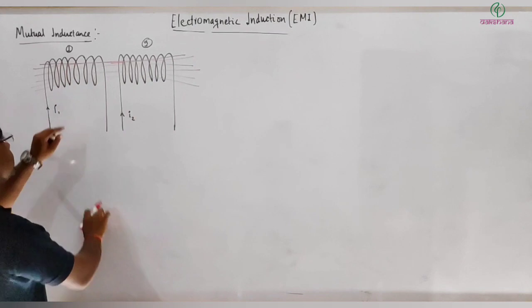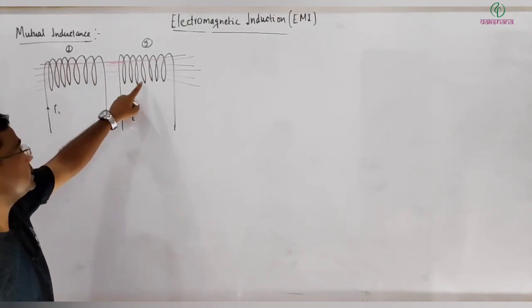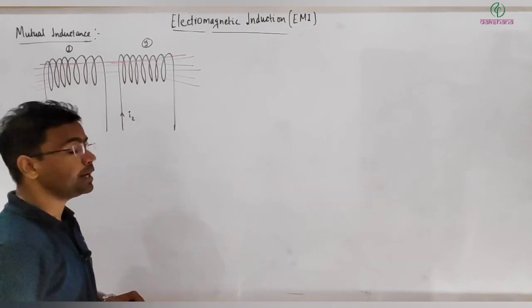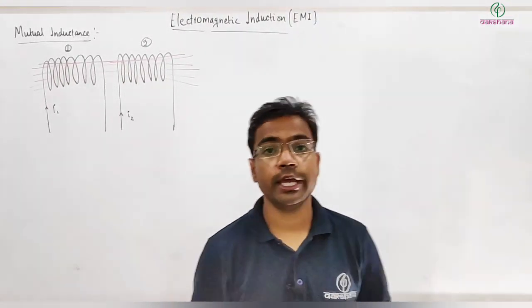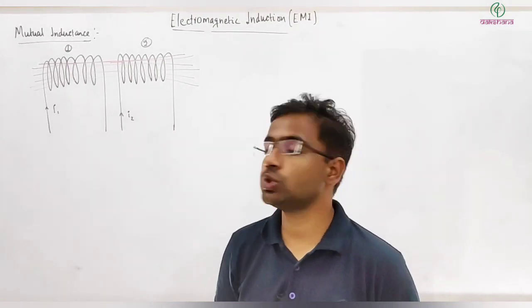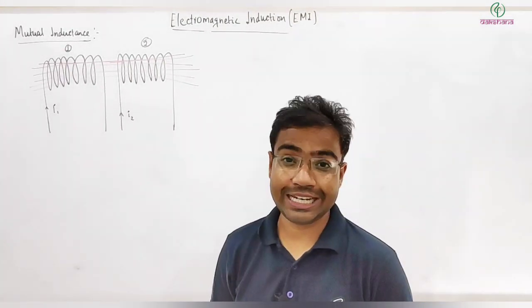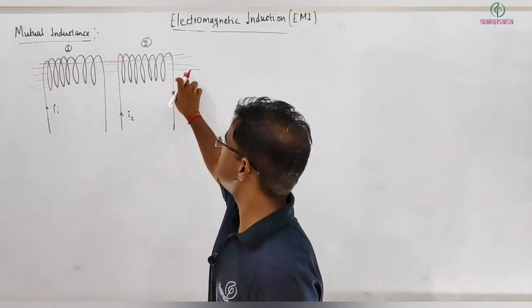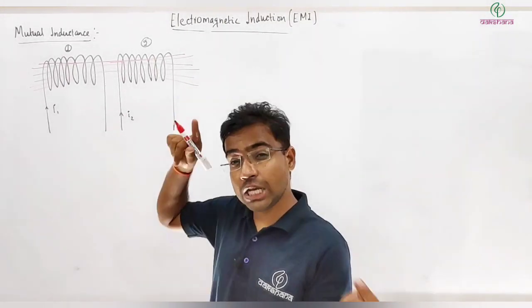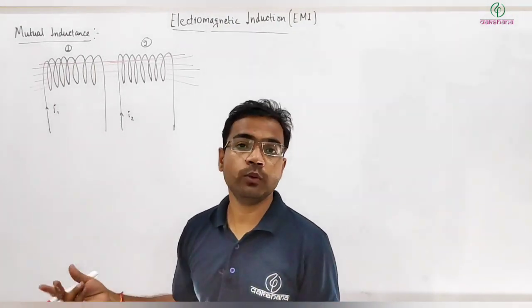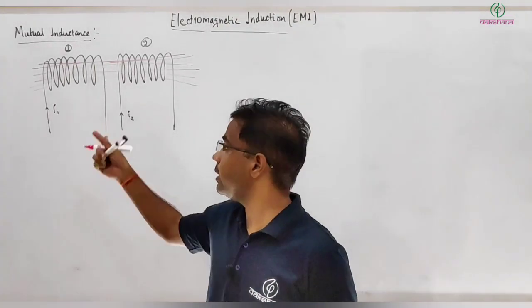Because of current in coil 1, the field lines are passing through coil 2 also. So when current in coil 1 is flowing, there is also some flux linked to coil 2. Clear? Now you can see, I can write this flux in coil 2 due to current in coil 1 will be proportional to current in coil 1.